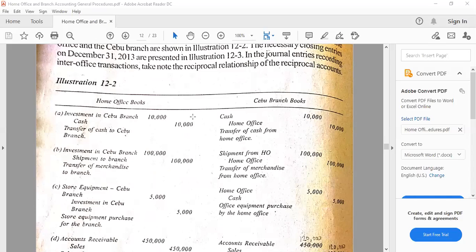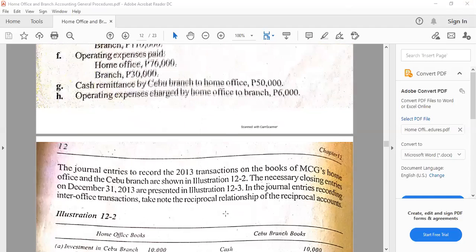So in that case, this is like the investment. What I meant was that investment of the branch in the home office. It's like that point. So an asset anyways, an investment. So debit store equipment, Cebu branch 5,000, credit investment in Cebu branch, and then in the branch books we can notice here that we debited home office 5,000 and credited 5,000 for cash.